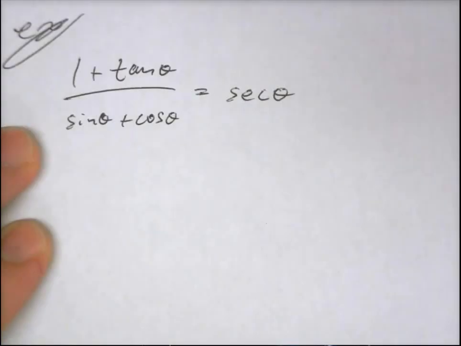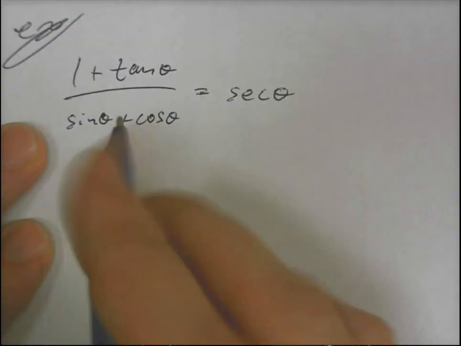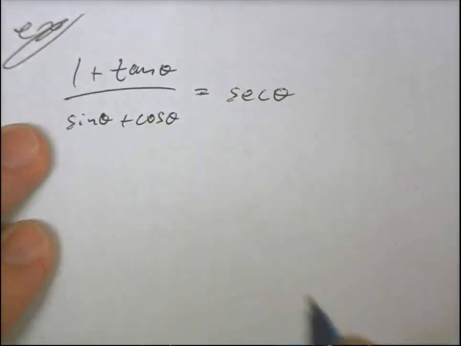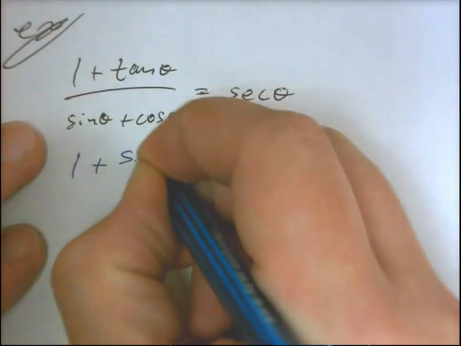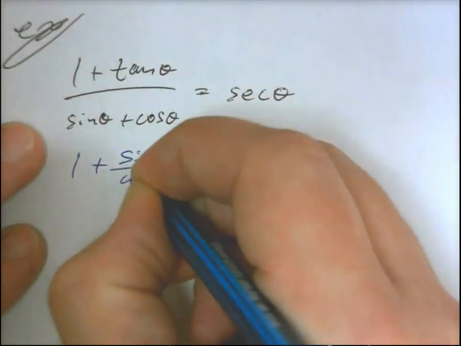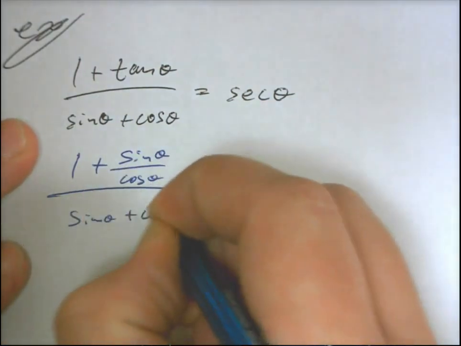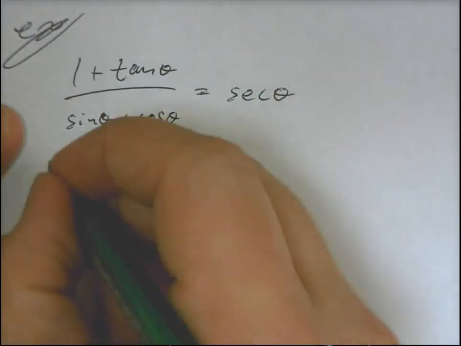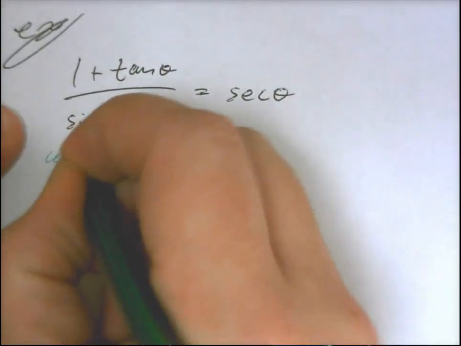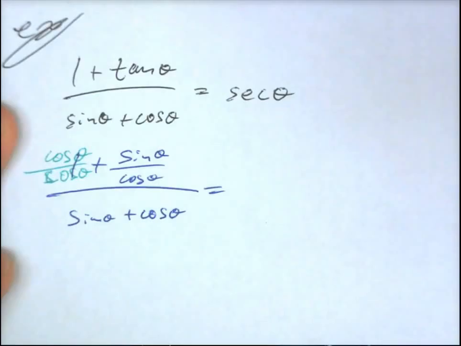Okay, so with this one, I have probably the harder side is the left-hand side. So I can change tangent into sine over cosine, over sine plus cosine equals, well, if I want to add those things on top, I need common denominators. So I will change that into cosine over sine, or sorry, cosine over cosine, because that's the same thing as 1.